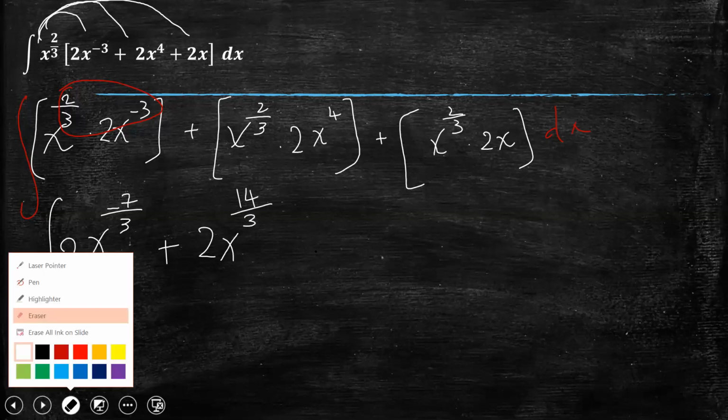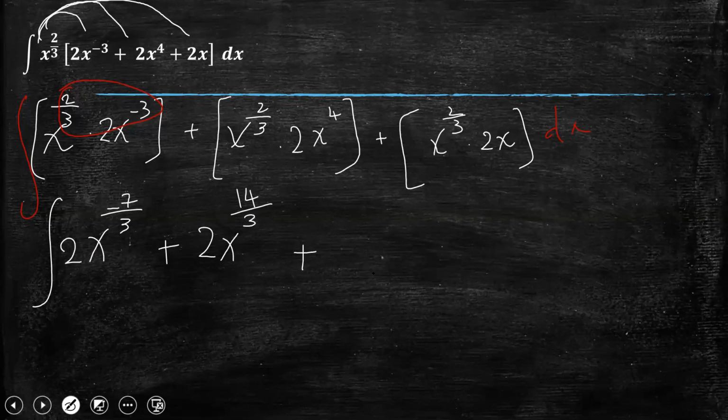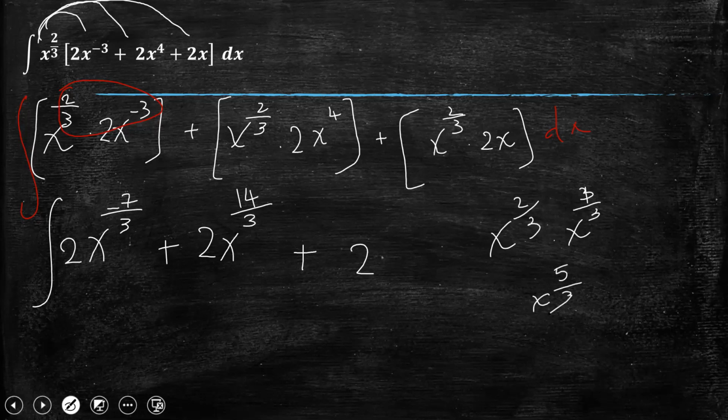Then plus 2x to the power 2 over 3 times x, so x to the power 2 over 3 plus x to the power 1, which is 3 over 3. So I have it as x to the power 5 over 3.